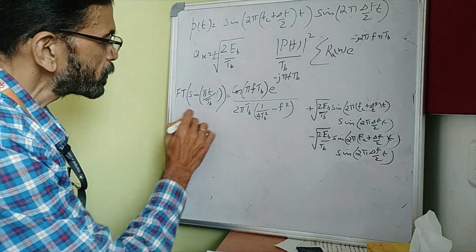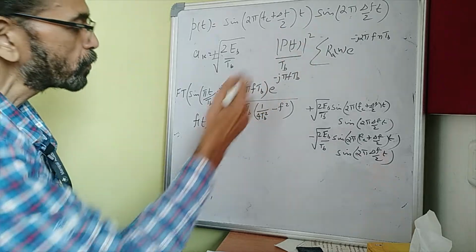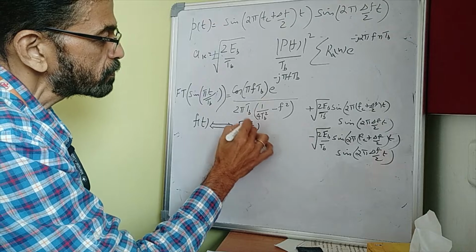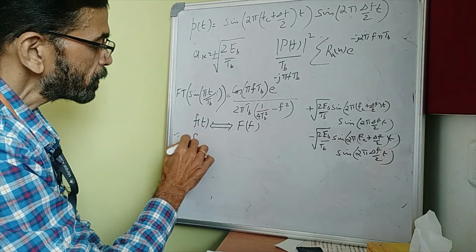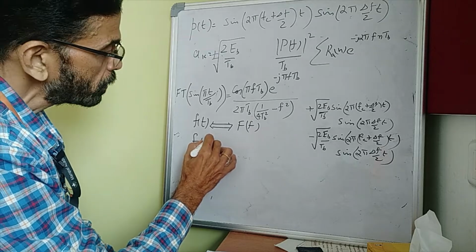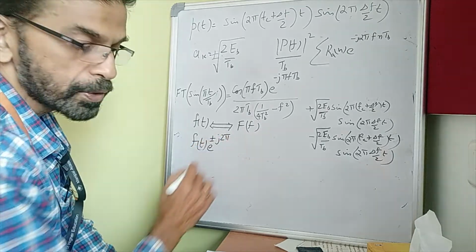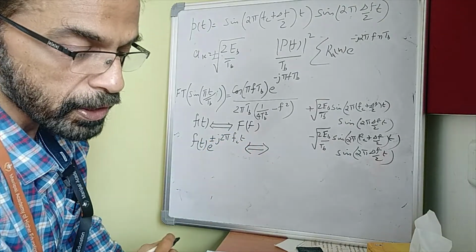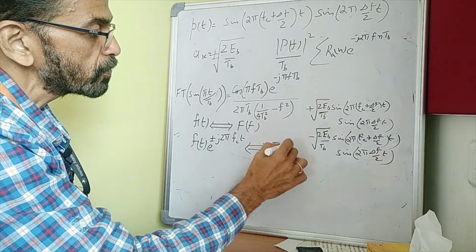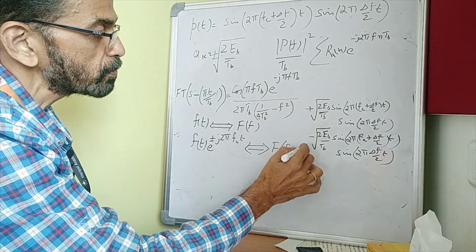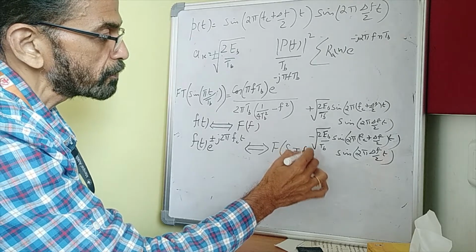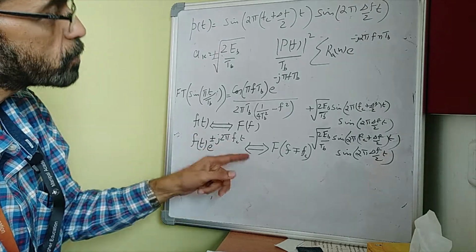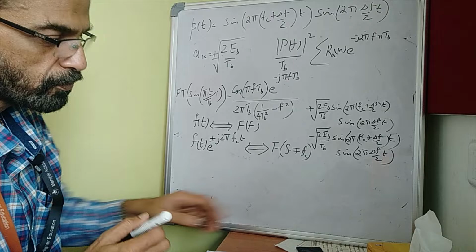Now, I will not work out the Fourier transform, that's the job for you. If we use the property that f(t) has a Fourier transform F(f), and f(t) e^(plus or minus j 2 pi fc t) will have a Fourier transform F(f minus or plus fc), it is possible to arrive at the Fourier transform of p(t).